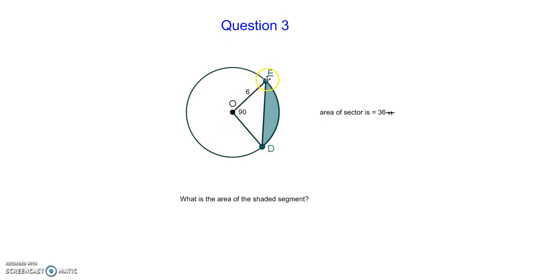We have the sector EOD, I've told you, is equal to 36 pi. So the area of this whole sector is 36 pi. This angle right here, angle DOE, is 90. So I want to know what the area of this shaded segment is using the formula and process we used about 2 seconds ago.